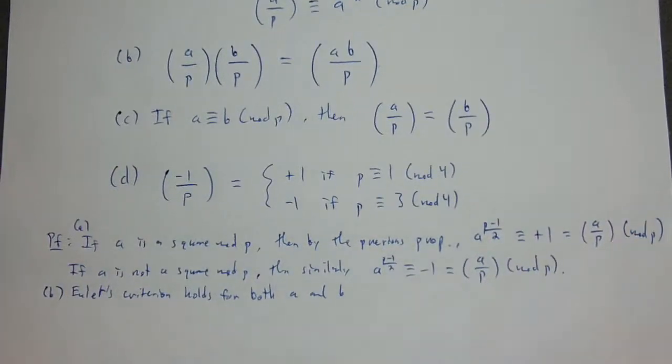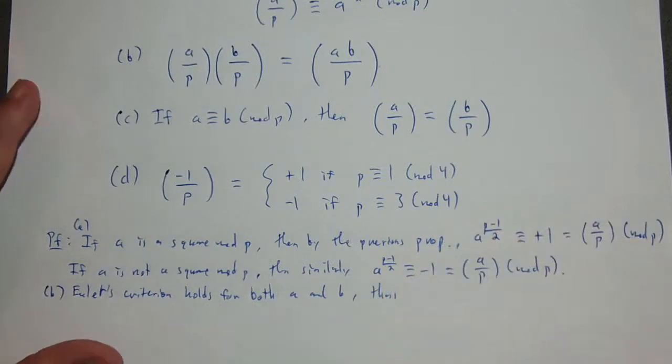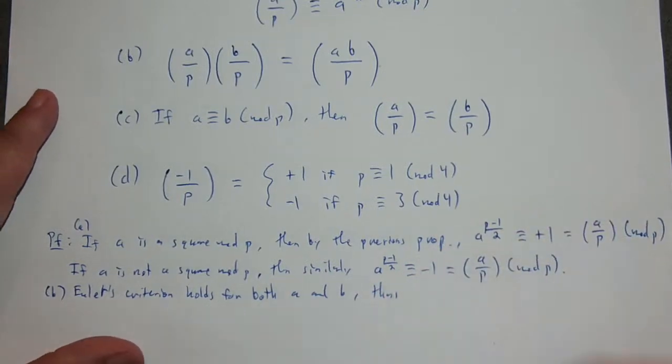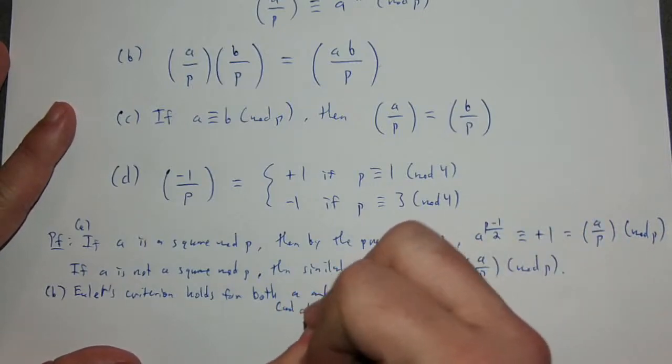So Euler's criterion holds for both A and B, and it also holds for AB.